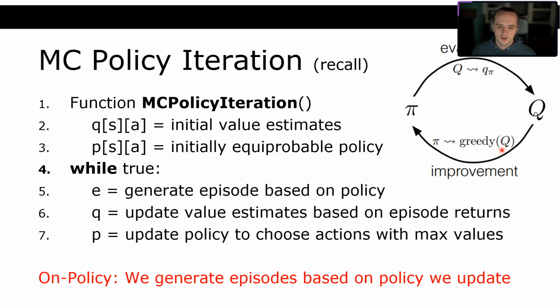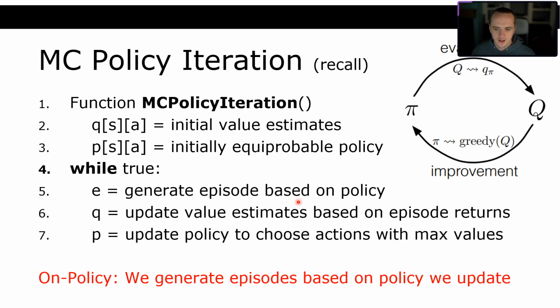So, Monte Carlo policy iteration, just recall this. We did this last time. We stored our initial value estimates. We have a policy which is initially equiprobable. Then for some number of iterations, we generate an episode based on the policy.